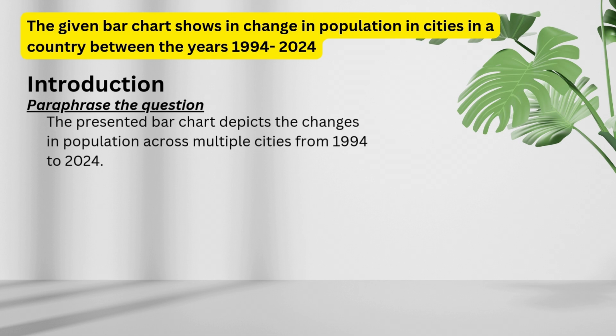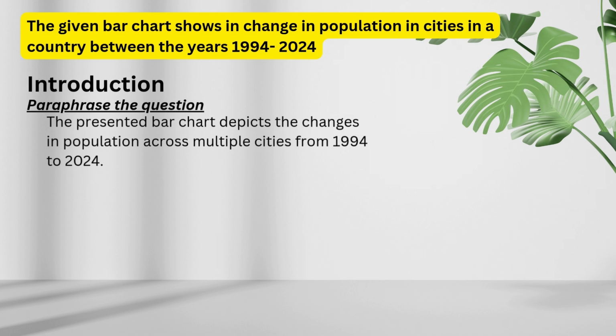That is, in the question it says, the given bar chart shows a change in population in cities in a country between the years 1994 to 2024. In the introduction, when you paraphrase it, you can say the presented bar chart depicts the changes in population across multiple cities from 94 to 2024.